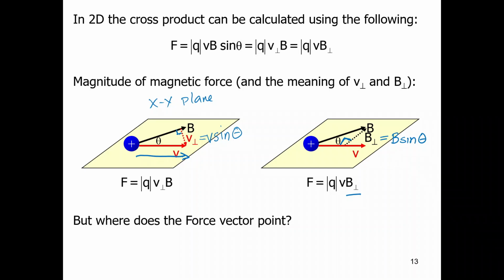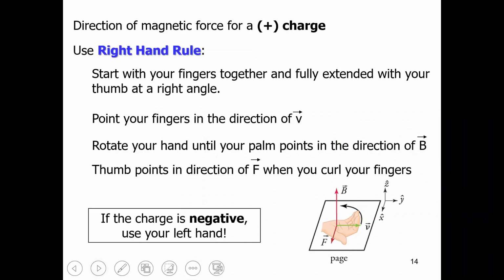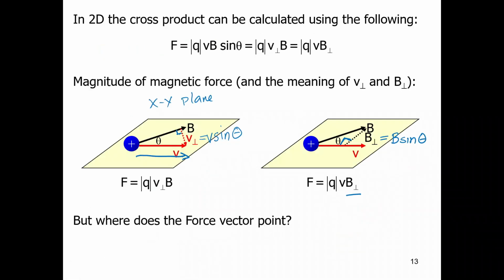What that does is point my thumb up out of the page. So that would create a force that is up out of the page, which I could draw like that. So that would be perpendicular to both. That would be out of the page for that one.